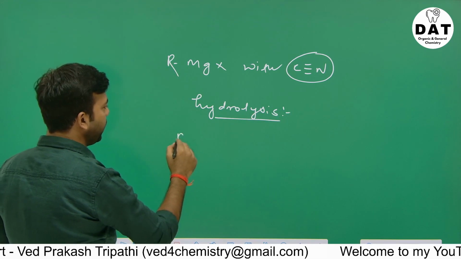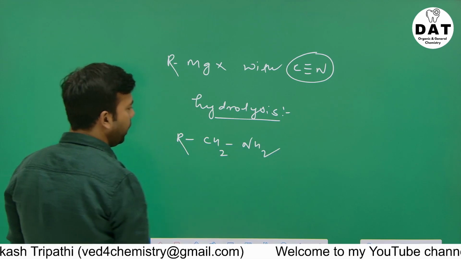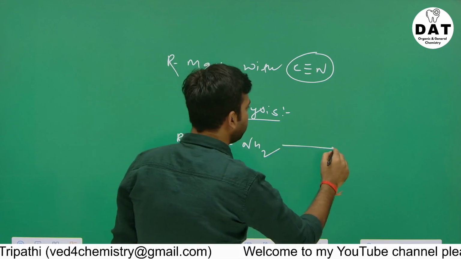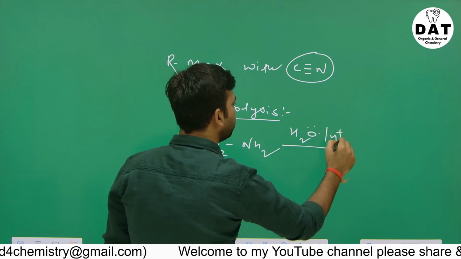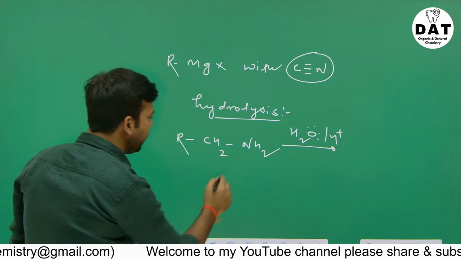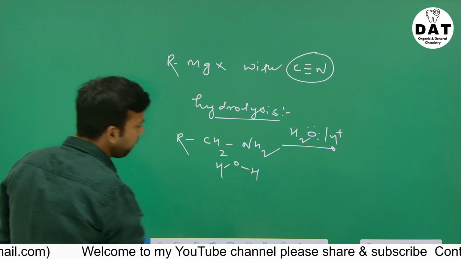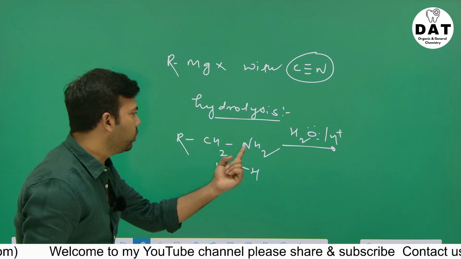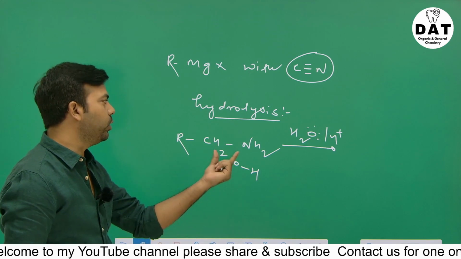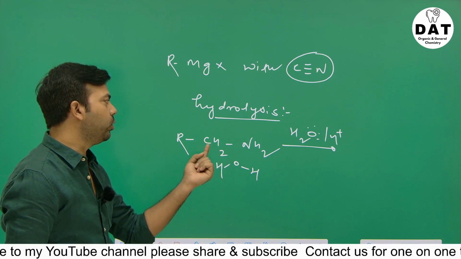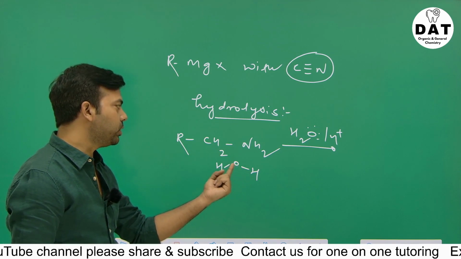Suppose you have this type of bond, RCH2 and NH2, and we are going to hydrolyze this with H plus. So look here, you have to write HOH, water, in this way. Nitrogen is more electronegative compared with this carbon, and in water hydrogen is less electronegative, oxygen is more.